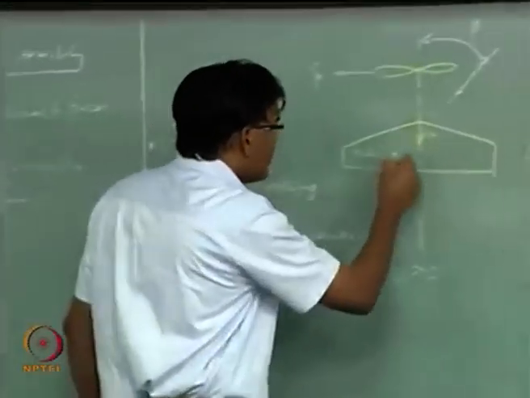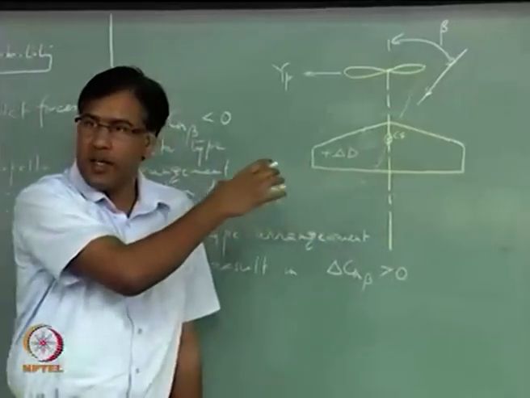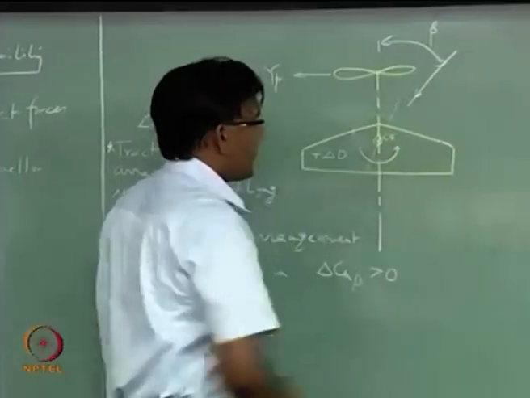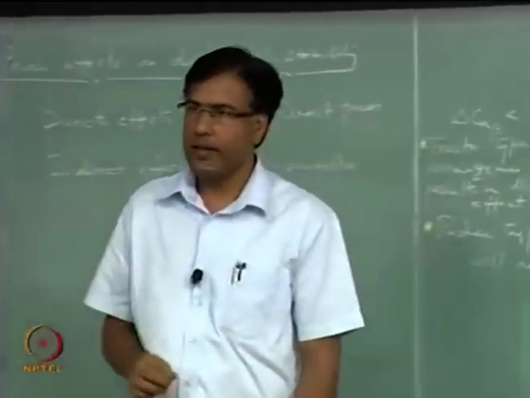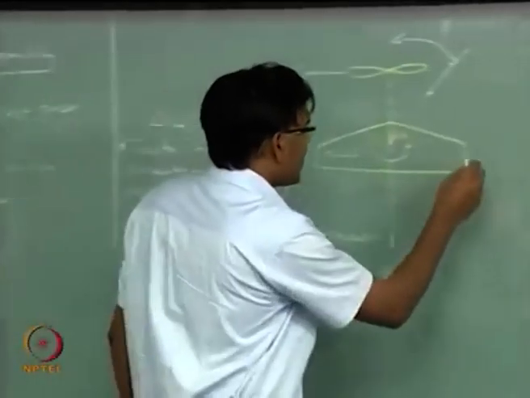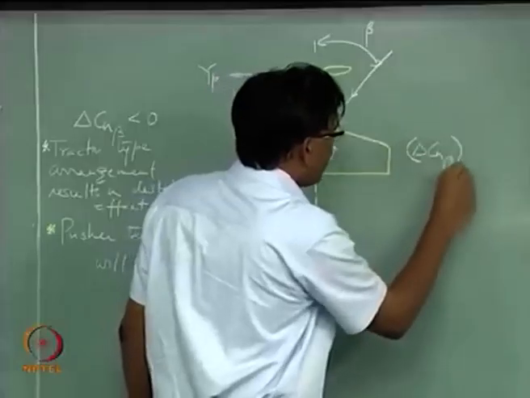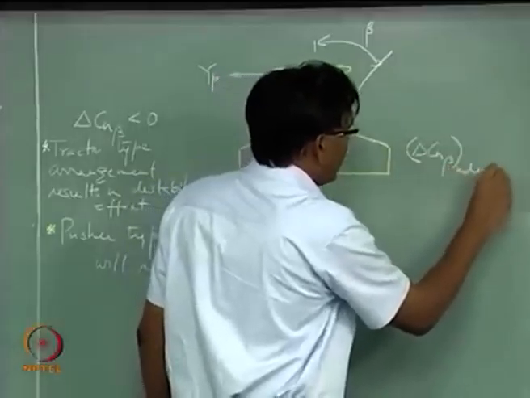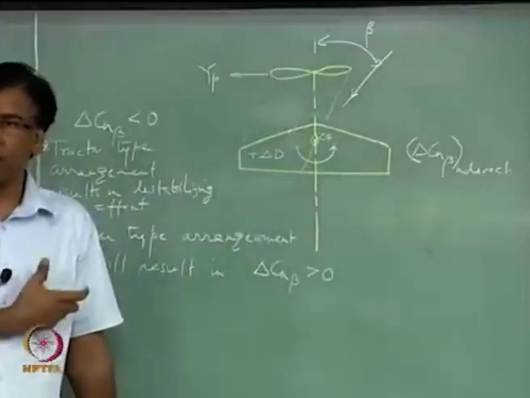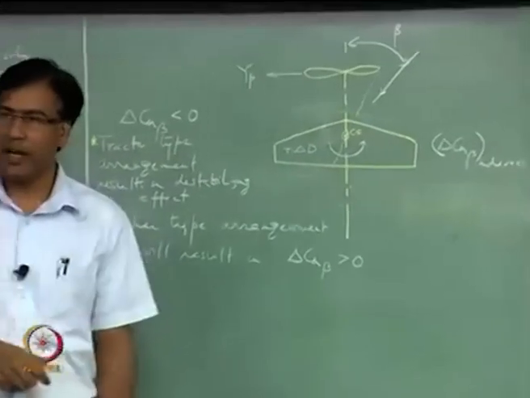So, you know that you are going to have a yawing moment because of this increase in drag, right. So, delta Cn beta contribution, indirect, for positive side slip is going to give you a negative yawing moment, right.